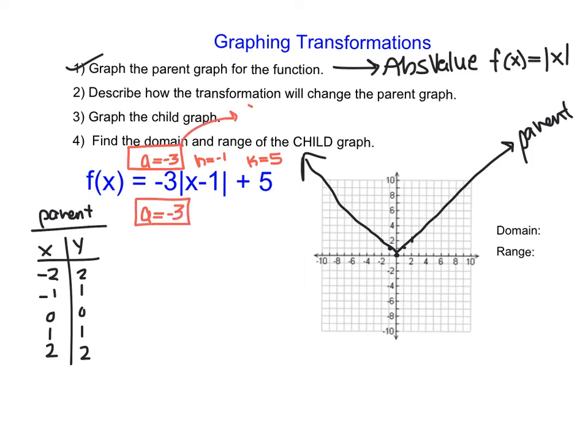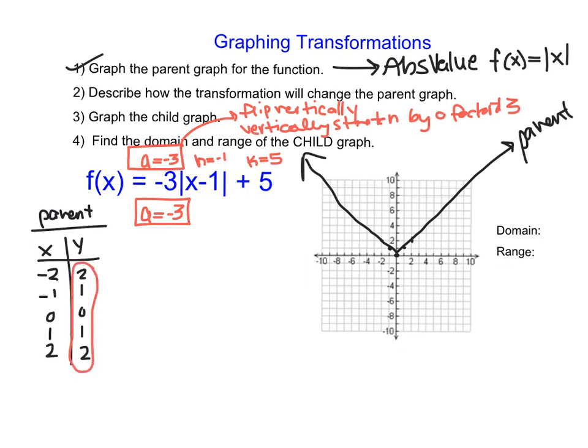This tells me that I'm going to flip it vertically because of that negative attached to the 3. And then the 3 itself tells me I'm going to vertically stretch by a factor of 3. So, in order to vertically stretch by a factor of 3 and vertically flip it, I'm going to take these vertical y values of my parent graph and multiply all of them by that -3.